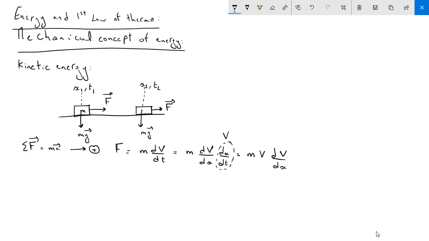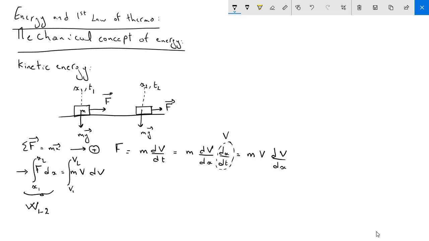So now the equation will be F dx is equal to m v dv, and if we integrate from x1 to x2 and the velocity from v1 to v2, we will obtain the first term, which is regarded as the work from 1 to 2.